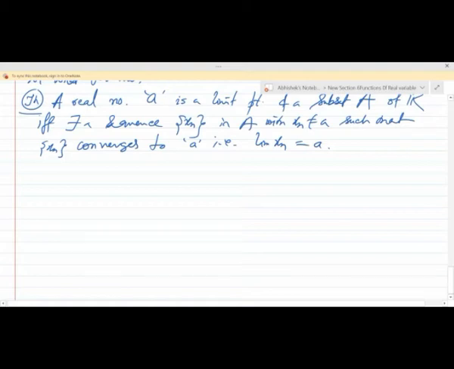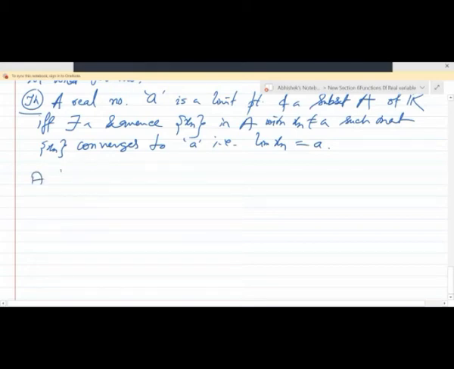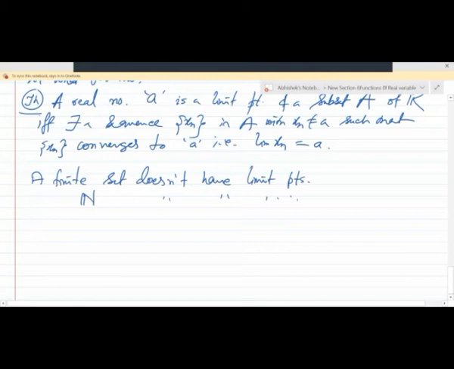So a finite set doesn't have limit points. The set N, the natural numbers, is an infinite set, but still it does not have any limit points. If you consider the sequence 1 by n, then you will see that this has a limit point 0, and so on.